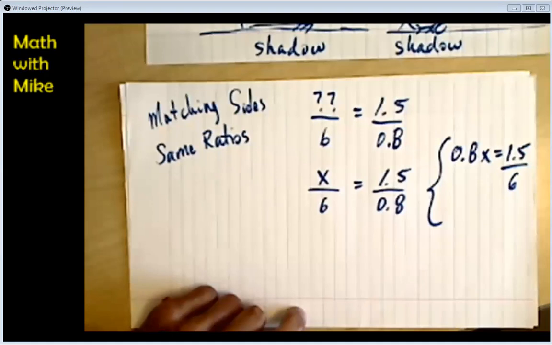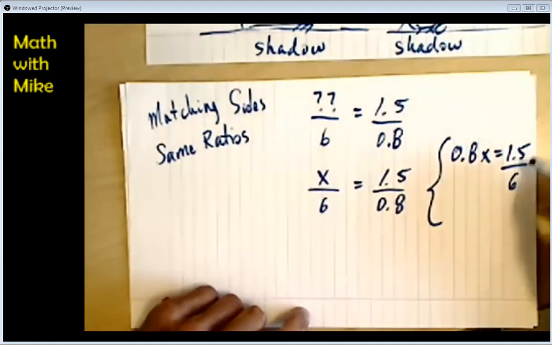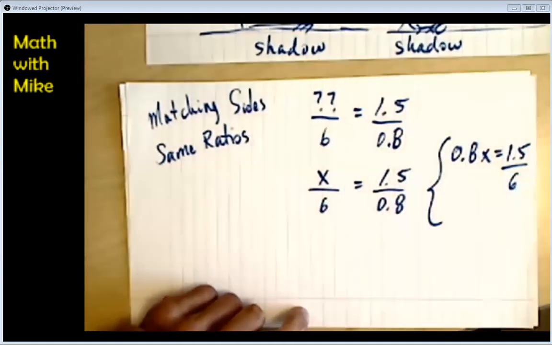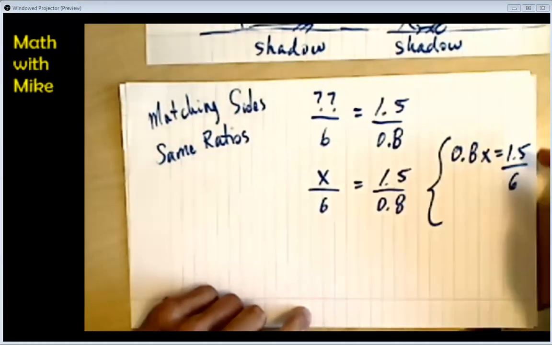Okay, so what's 1.5 divided by 6? Get your calculator out for this one. It's 0.25.